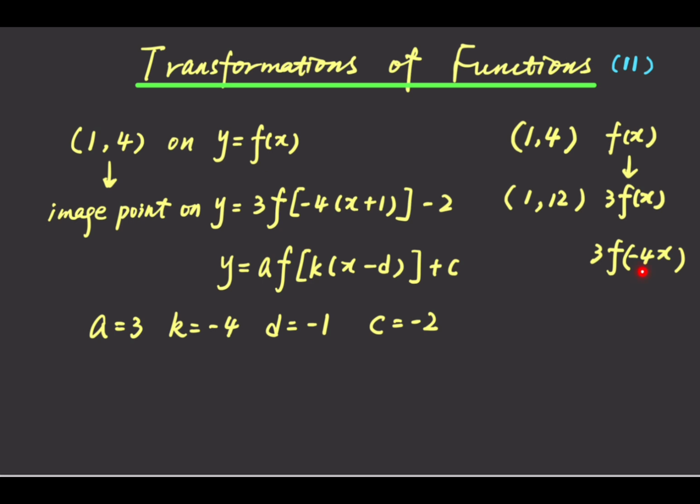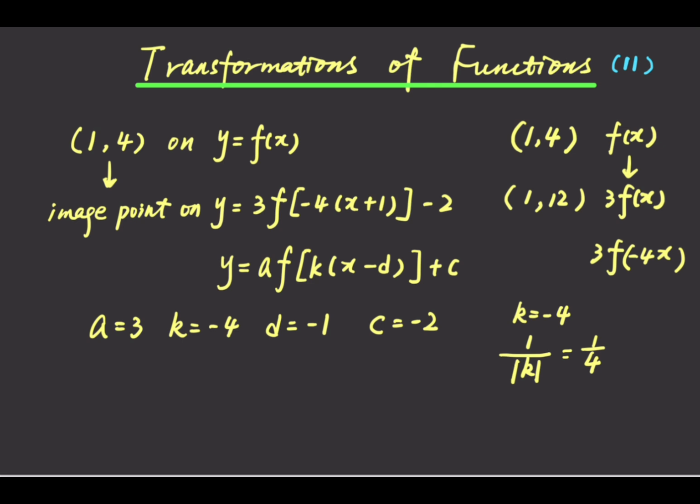Here k equals negative 4, so 1 over the absolute value of k equals 1 over 4. This number should be the factor if you want to transform this function into this function.